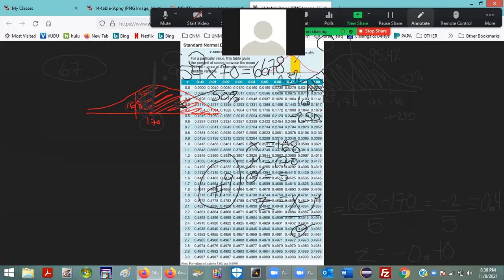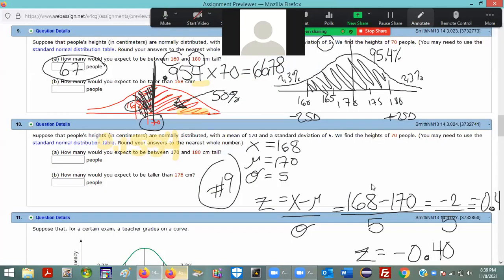So here's our 0.4 and the 0, so we have 1554. Now we're going to add the value we got for this, which was 0.1554, to the 50%, which is 0.5.